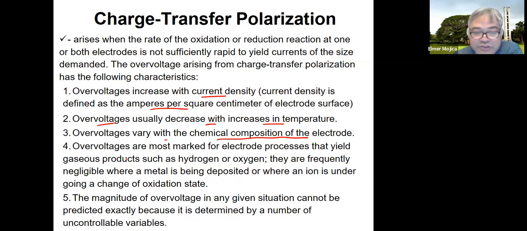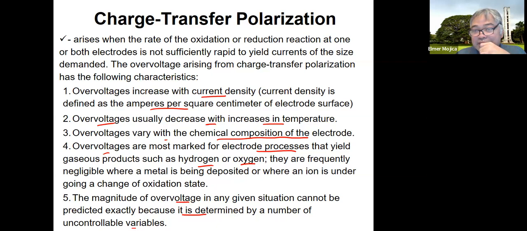And we could say overvoltages are also most marked for the electrode processes that yield gaseous products such as hydrogen or oxygen. They are frequently negligible where a metal is being deposited or when an ion is undergoing a change in the oxidation state. And the magnitude of overvoltage in any given situation cannot be predicted exactly because it is determined by a number of uncontrollable variables.